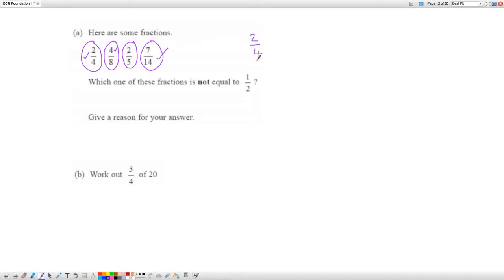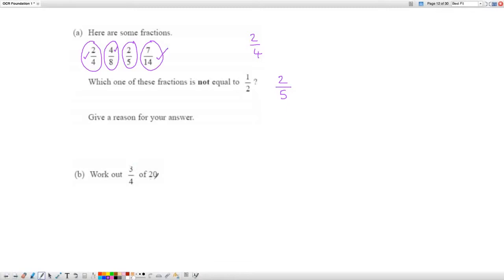Other way round, if we look at the doubling, we cannot divide this and get a half. This fraction doesn't cancel. So which fraction is not equal? 2 over 5, explaining that 2 is not half of 5.